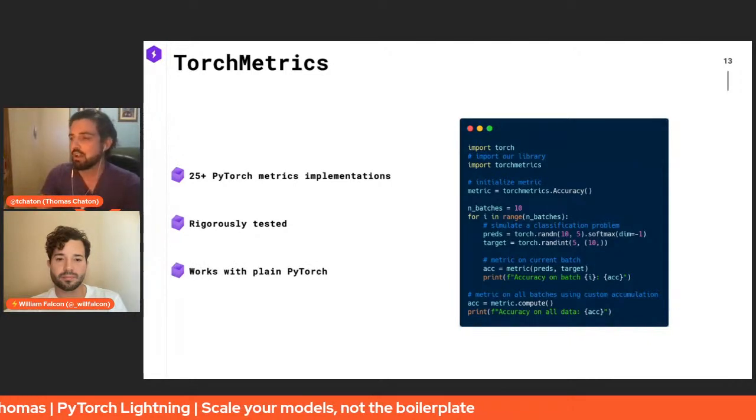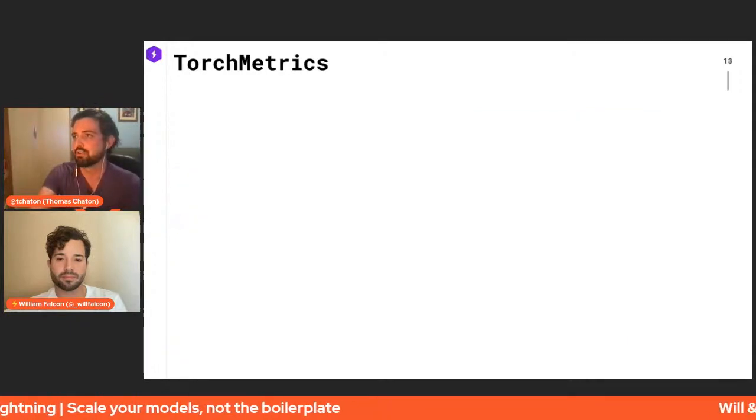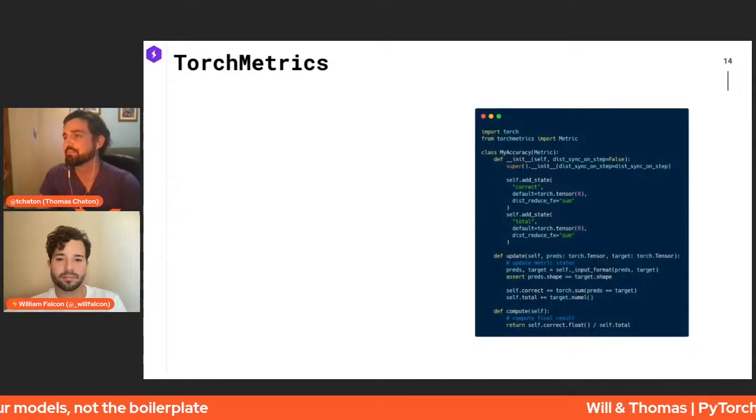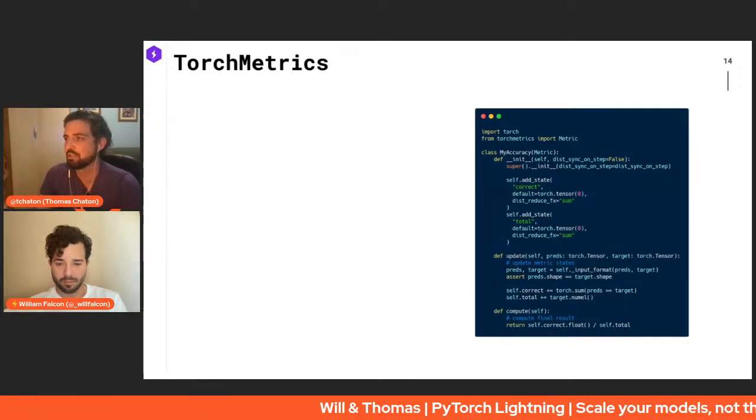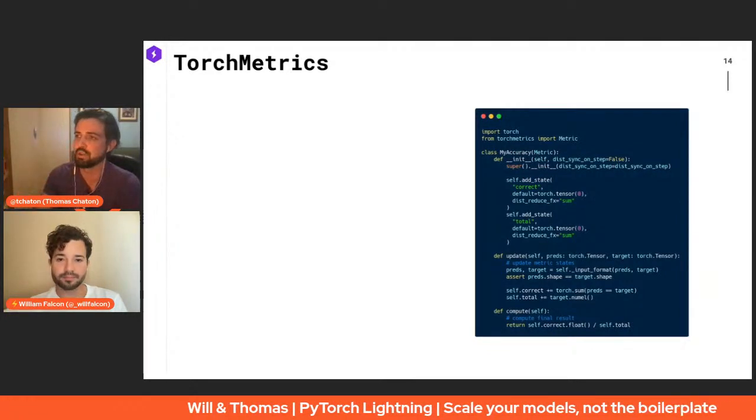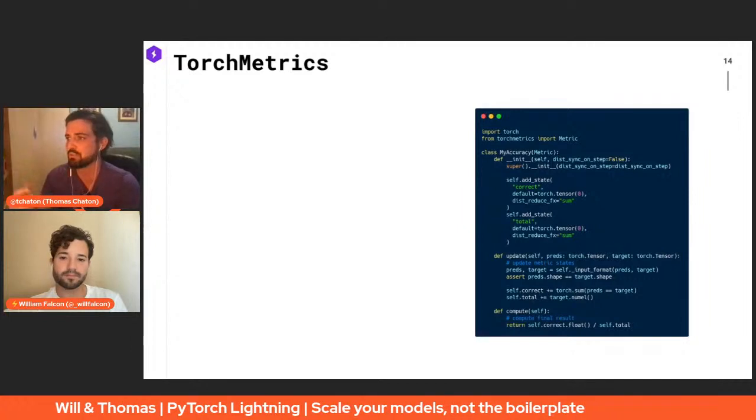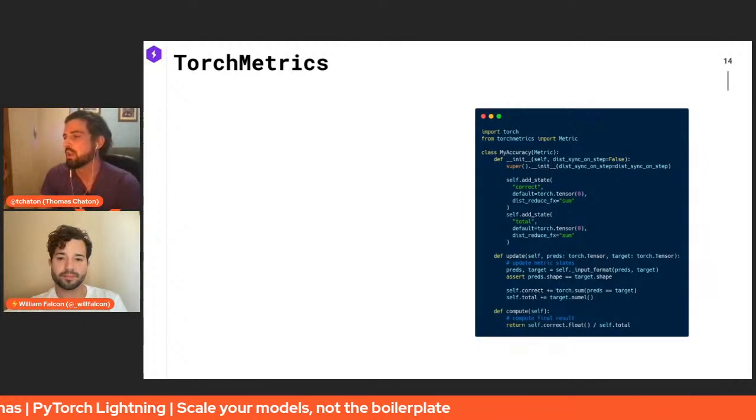And the way it works is the following. If you want to implement your own metric, you just import Torch metric. Here is an example for implementing an accuracy. The way is you register some state. Here I'm going to register correct and total. I'm going to implement the update function.